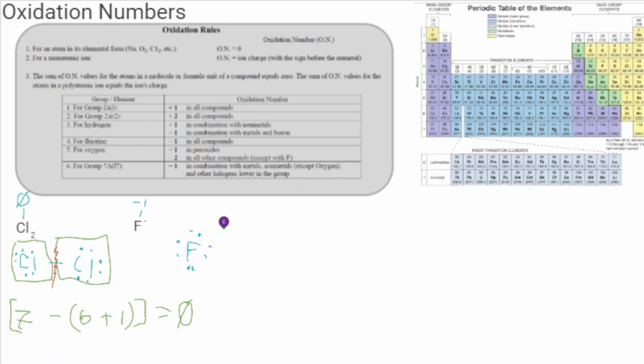And so now we have our F minus monatomic ion, and it's going to have 8 electrons around it. We follow that same formulation as earlier. We'd say, alright, it normally has 7. We're going to subtract out the 8 dots. There are 0 shared, and so this one is going to be equal to -1 charge.